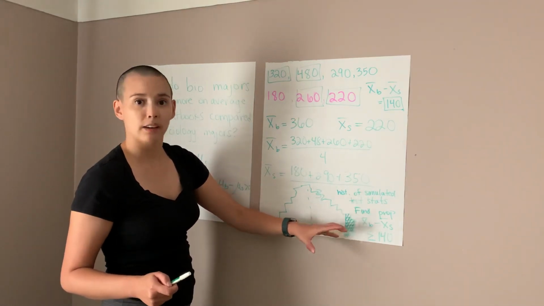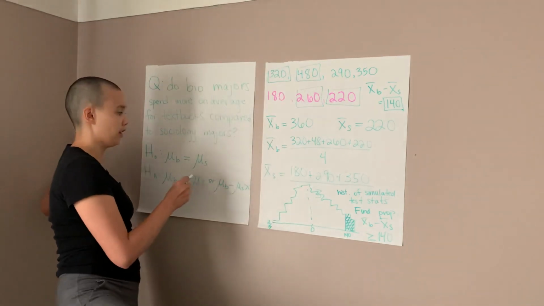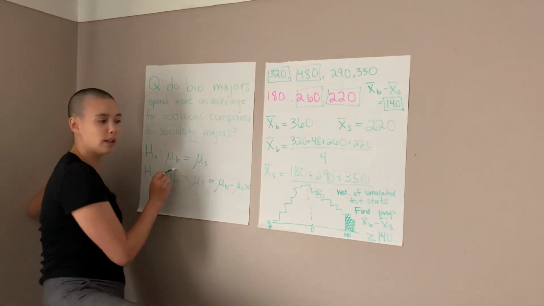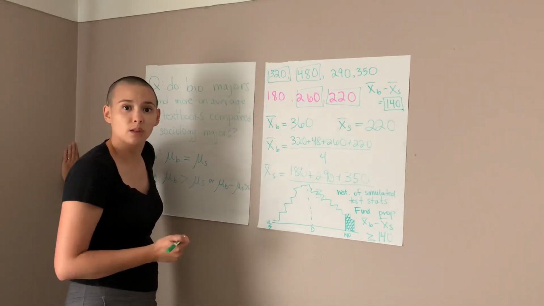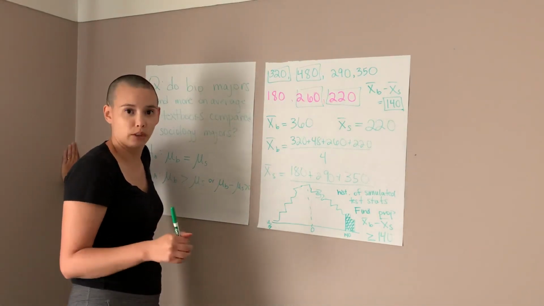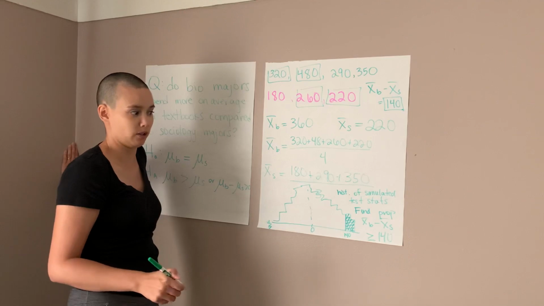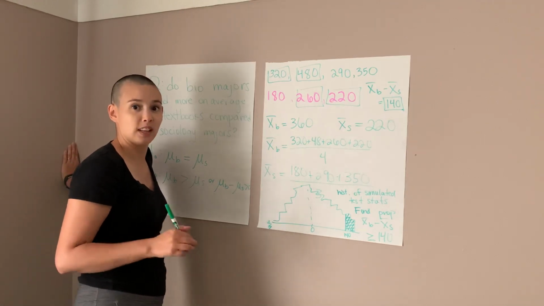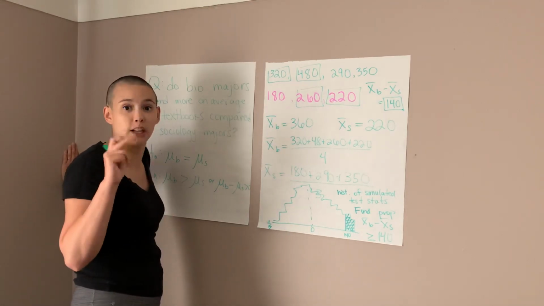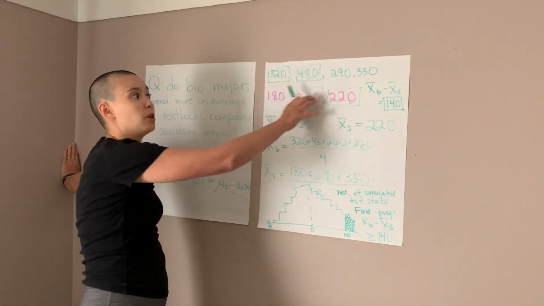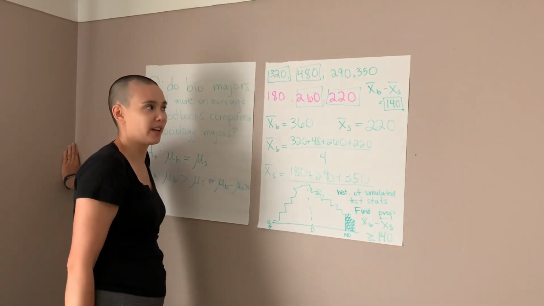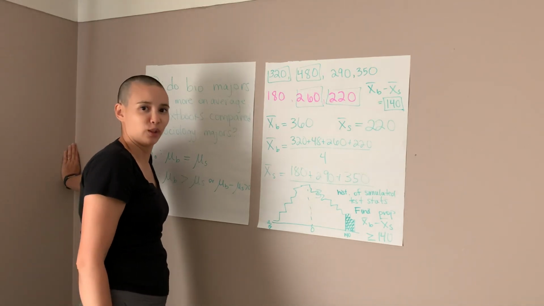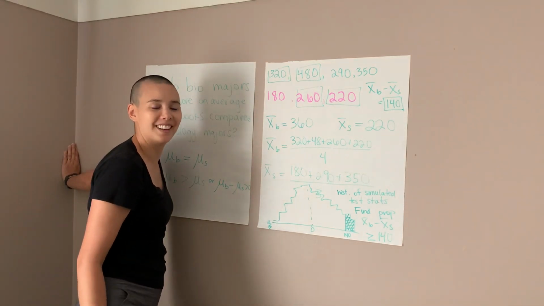So that would give us a lot of evidence to reject the null, which is that the 2 means are equal, in favor of the alternative, which says that biologists spend more than sociologists on average over the course of the semester on textbooks. All right, so that's our permutation test. It's called a permutation test because we are permuting the data between the 2 groups. All right, so that is how this works. We'll talk about this more in future videos.